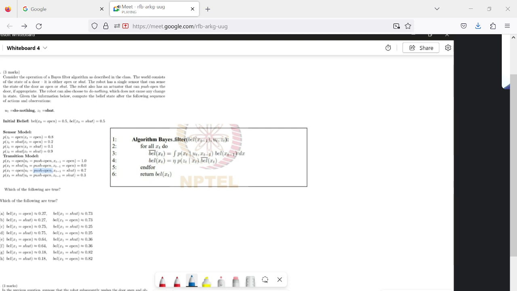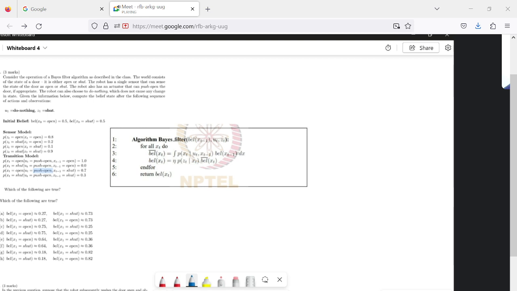So with only 70% chance, you can open a shut door when you choose to open it. And the corresponding probability for the shut case is 0.3. So we have been given all this information.